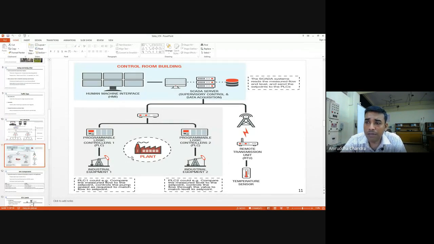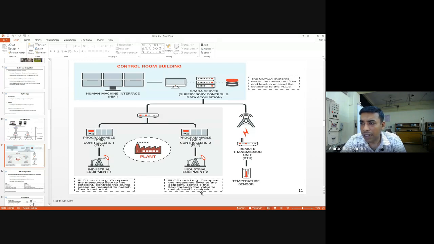I gave an abstract idea and now I give a practical example. Suppose we have these industrial equipments which are in an oil rig. Now these oil rigs are connected to programmable logic controllers. PLC1 could compare the measured flow to the set point and control the pump speed. In a similar way, PLC2 is also going to do the same, but we have some different actions as well.